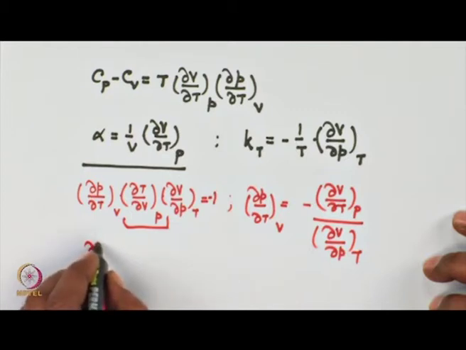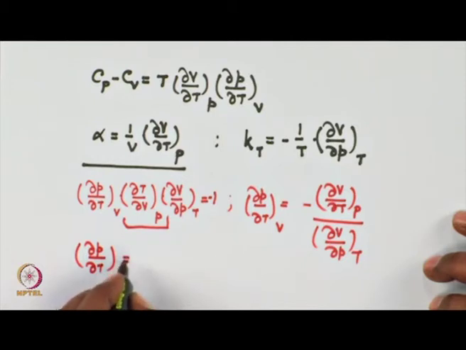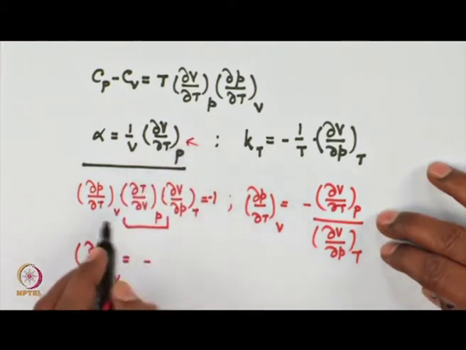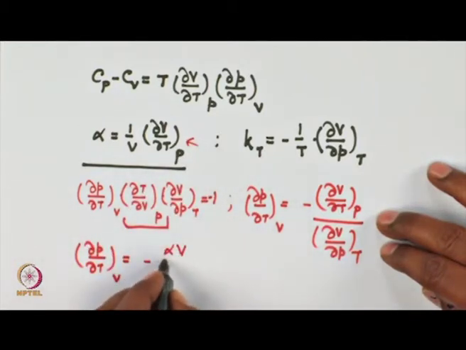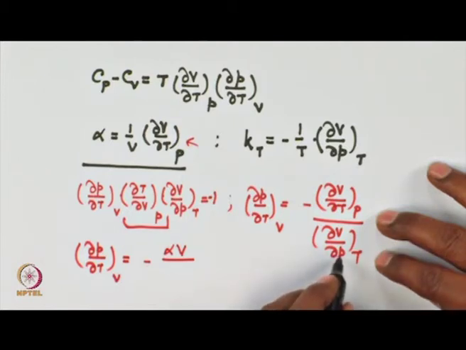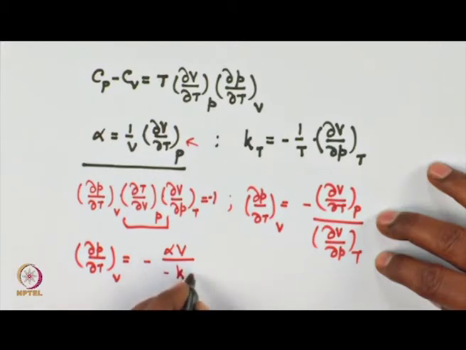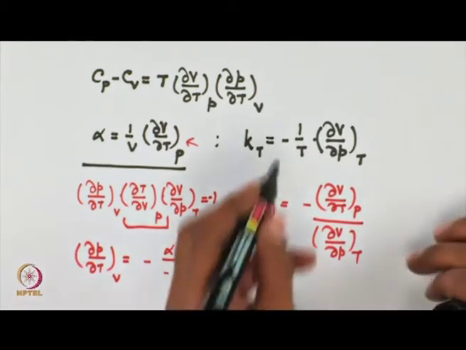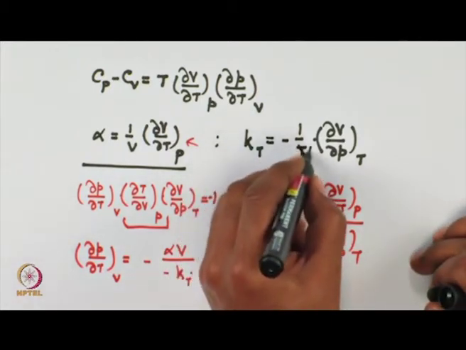So this allows me to write ∂P/∂T at constant volume is equal to minus this. If I use this, it is equal to alpha times V, and this, if I use from here, is equal to minus kT times, I am sorry, let me correct over here, this has to be per unit volume, not temperature, per unit volume, please correct this.